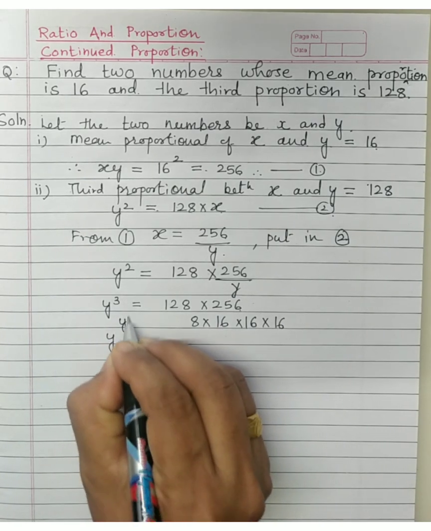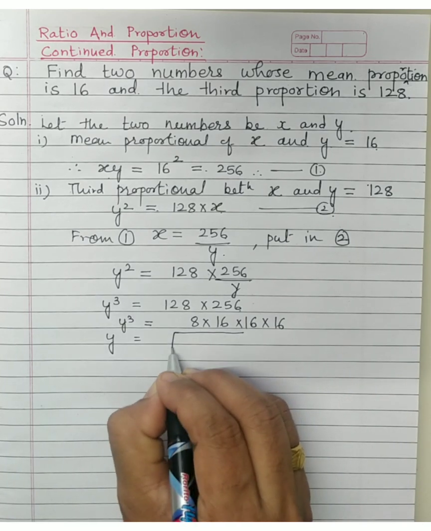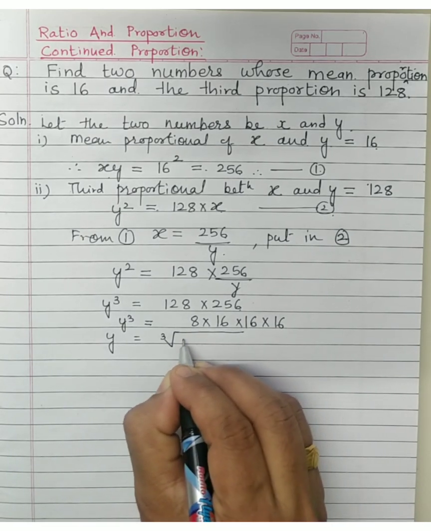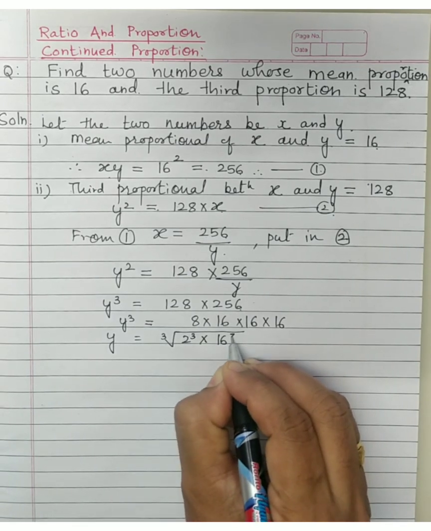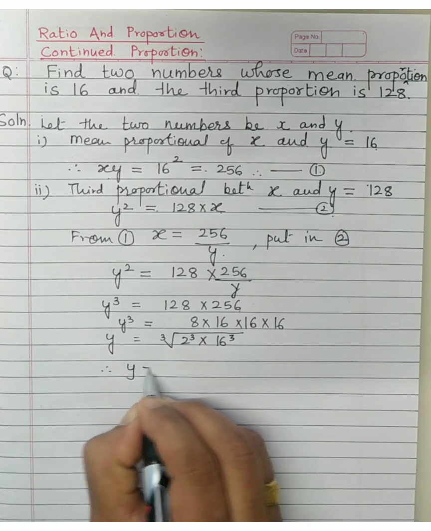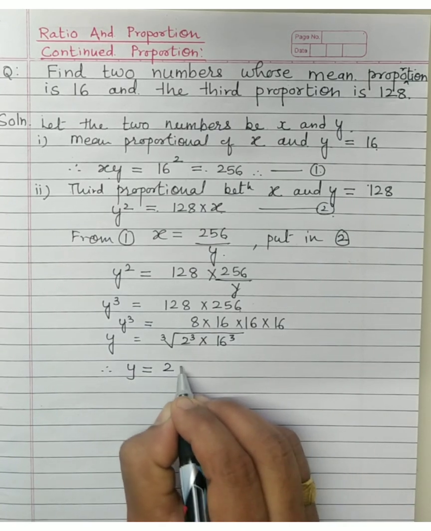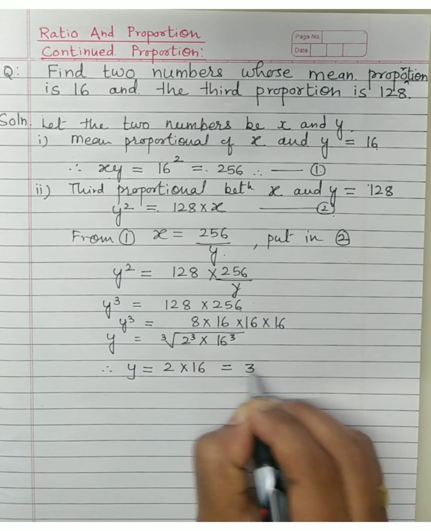So if Y cube is this, Y will be cube root of this, isn't it? Cube root of 8 as 2 cube and 16 cube. Therefore, Y equals 2 into 16, that is 32.